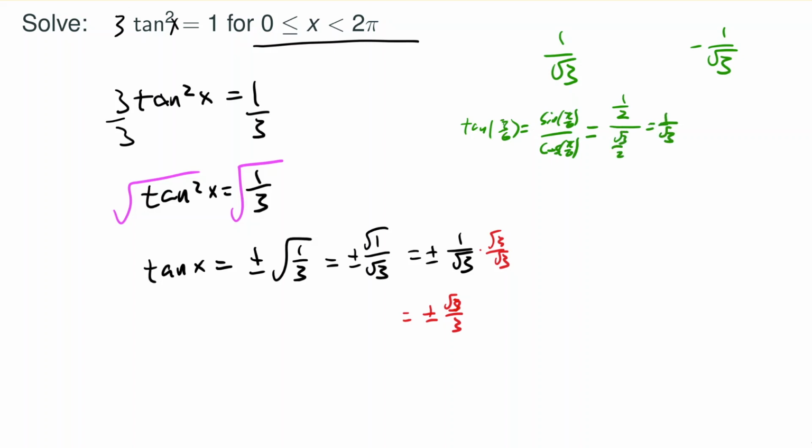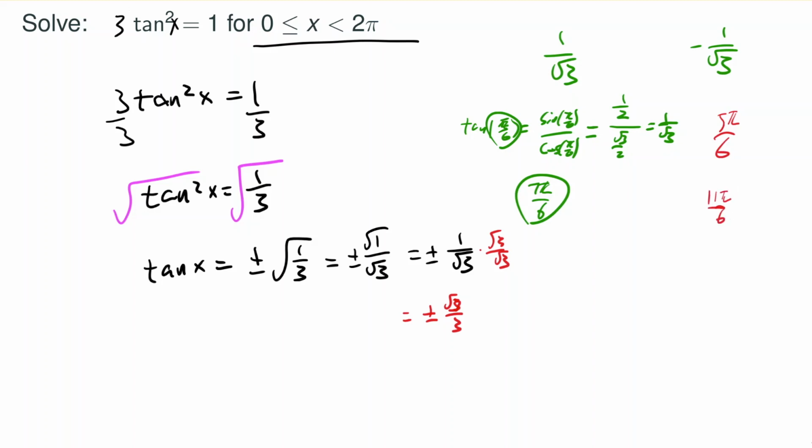So pi over 6 is one of the answers. Okay. And similarly, 7 pi over 6 also gives us 1 over the square root of 3. And in terms of negative, it would be 5 pi over 6 from the unit circle, and also 11 pi over 6.